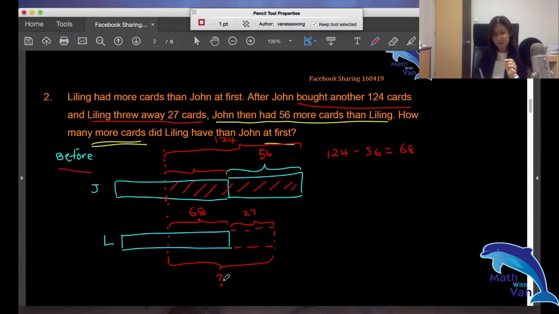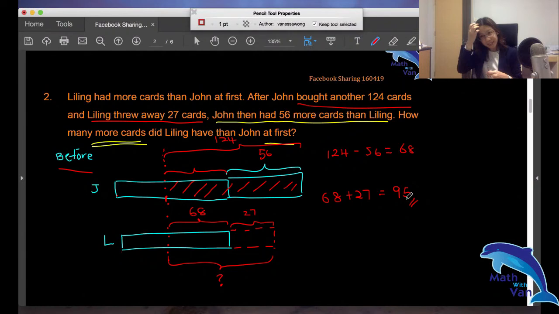So the difference must be this portion all the way to that. And how many do I have? It will be 68 plus 27, and that gives me the difference of 95. So in this case, you can only find out the difference. There is no way, not enough information given, to find out the number of cards that they had.